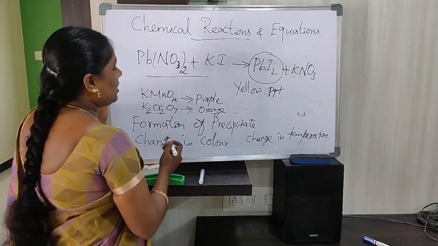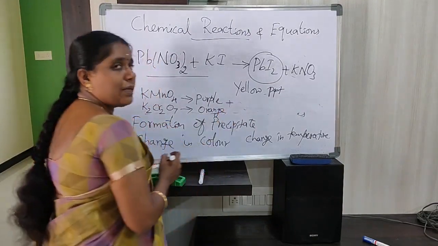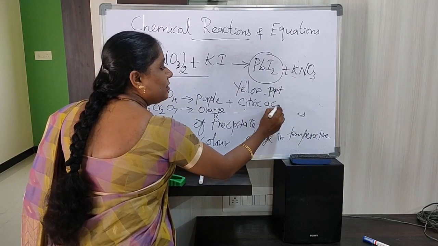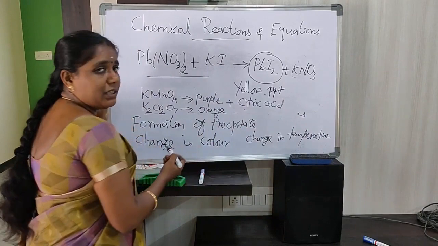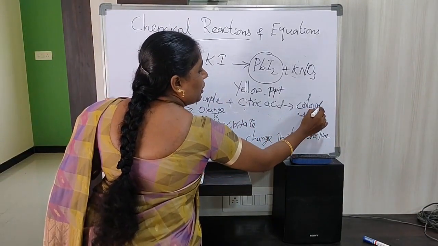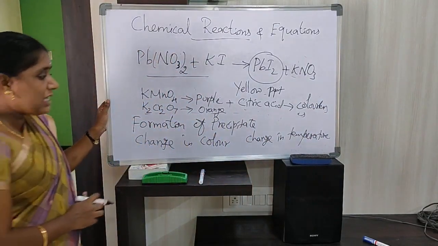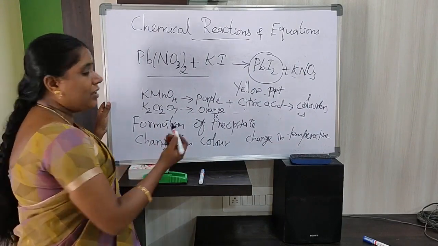And see here, with this potassium permanganate, if we add citric acid, the purple color changes into colorless. As well as potassium dichromate, which is orange in color.